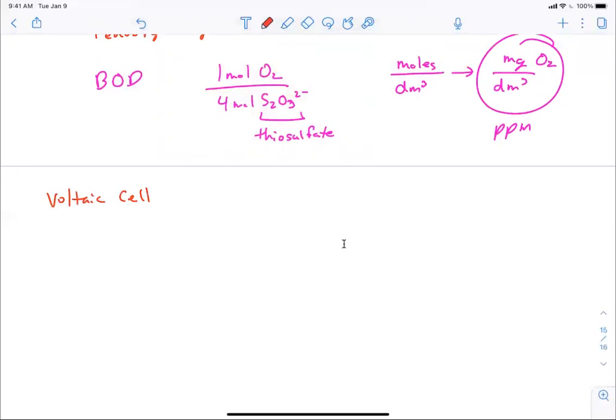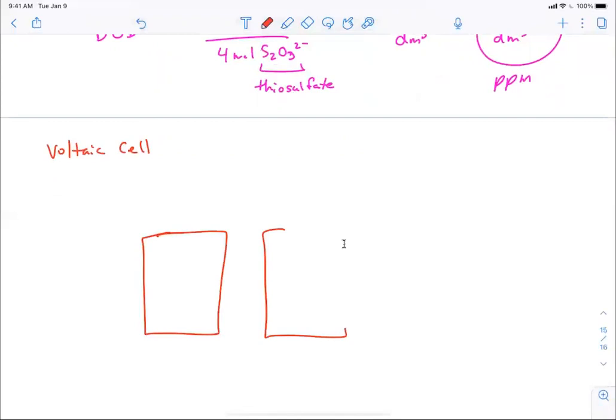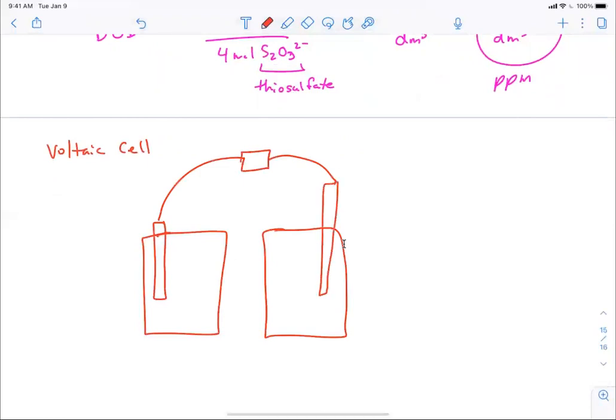Voltaic cell and electrolytic cell, understanding the diagrams for this and understanding the main ideas. I'm not going to label everything here. Like I said, I'm trying to tell you about things you need to memorize.